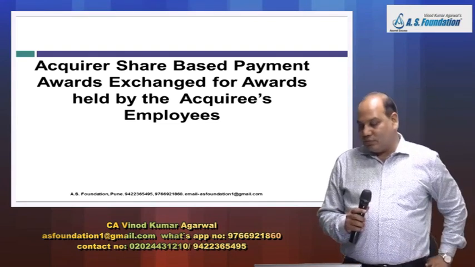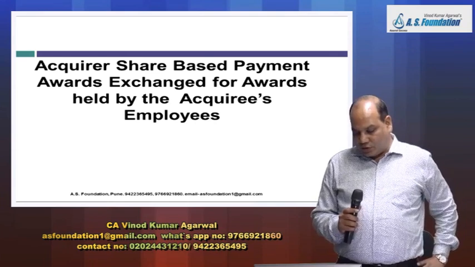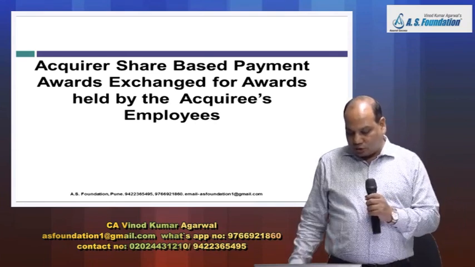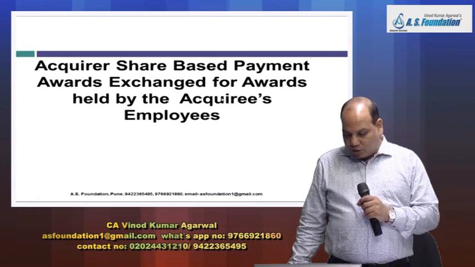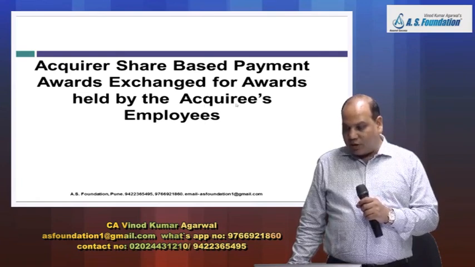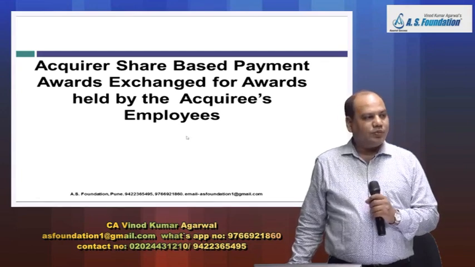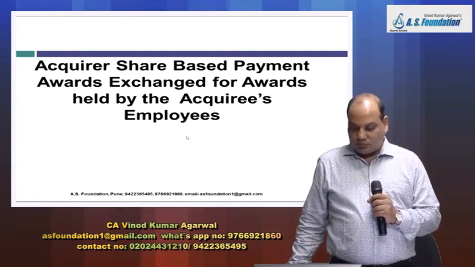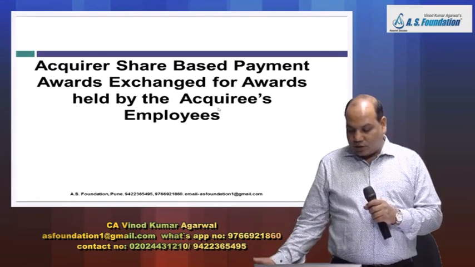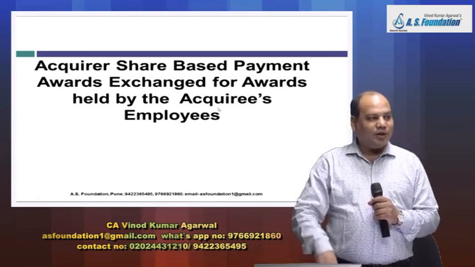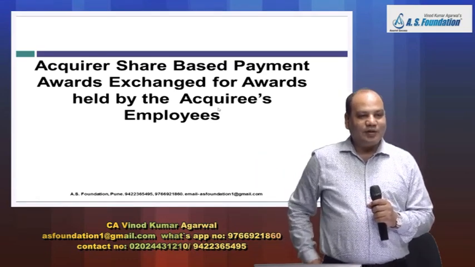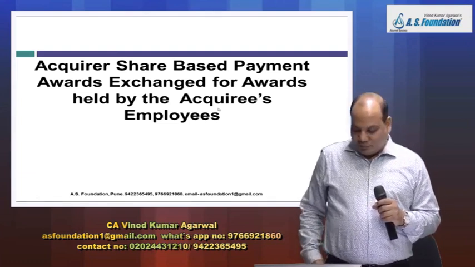Is it there? Now the topic is, the acquiree company has issued some share based payment awards to its employees. Now this acquiree company is acquired by the acquirer. Acquiree is acquired by acquirer.